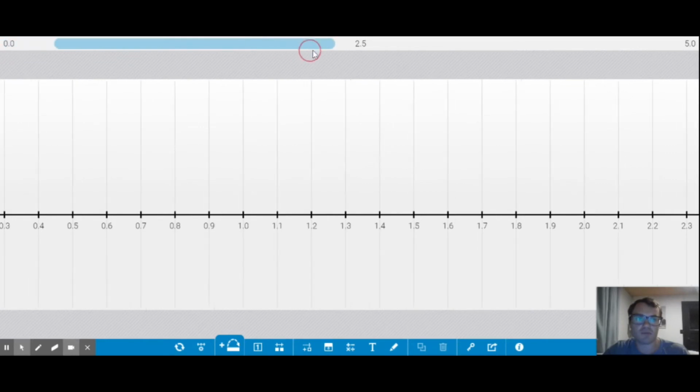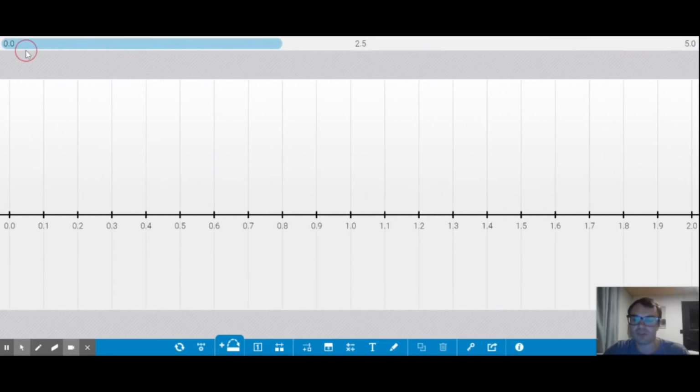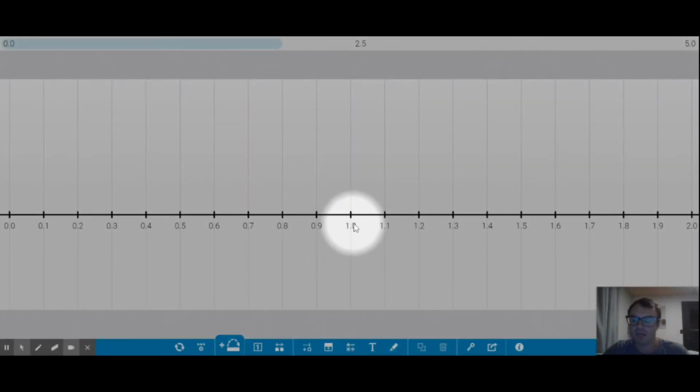goes all the way up to 5, but there are slashes here. For instance, this is the number 1, and 1 is between 0 and 1. There are 1, 2, 3, 4, 5, 6, 7, 8, 9, 10. This whole number 1 is divided into 10 equal parts.